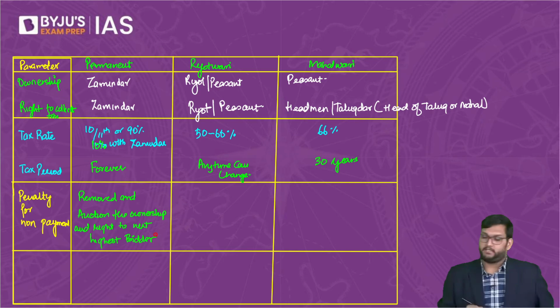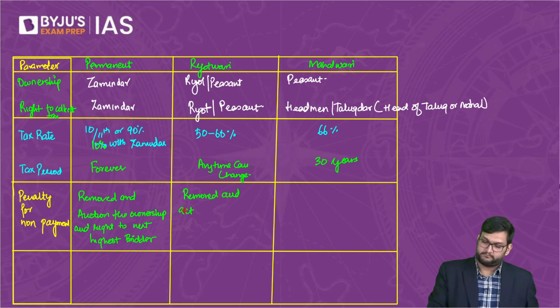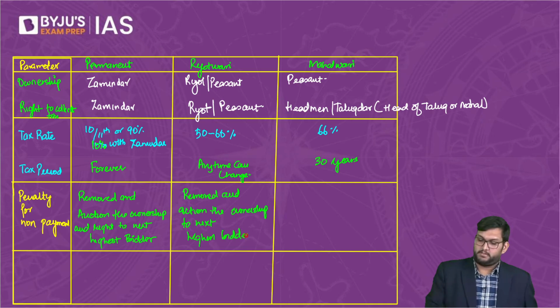Next highest bidder. Removed and auction the ownership to next highest bidder. Ownership and right, both in a way.